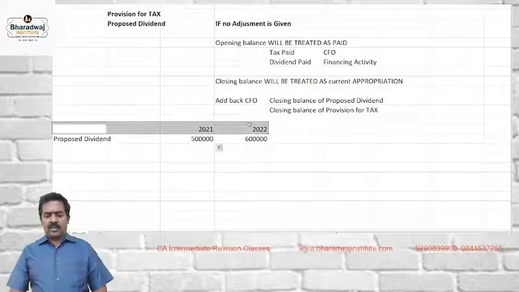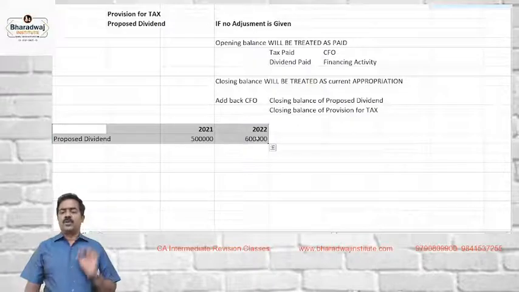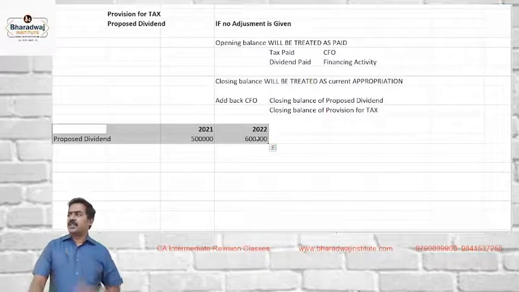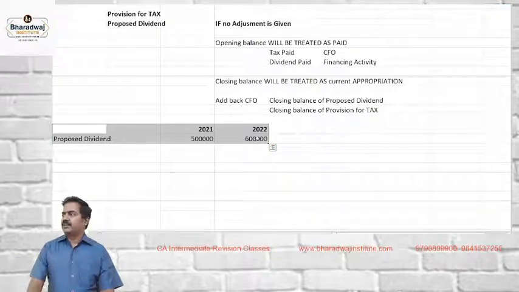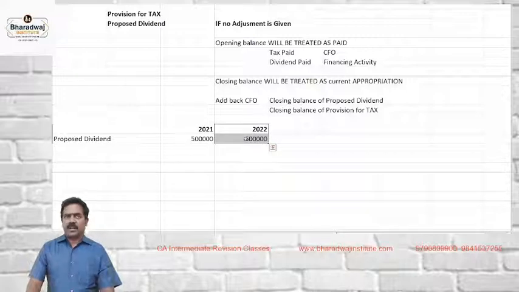Let's assume they have given only up to this. Proposed dividend opening balance 5 lakhs, closing balance 6 lakhs. No other adjustment is given. So what will you do? Opening balance will be taken as paid. Closing balance will be taken as current year appropriation.